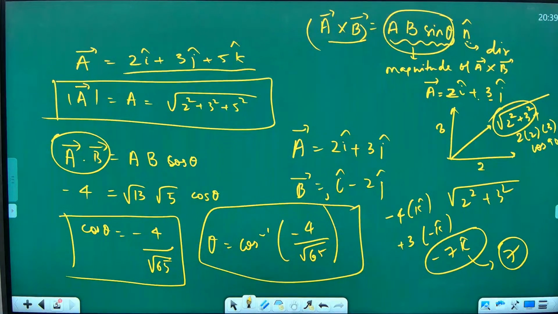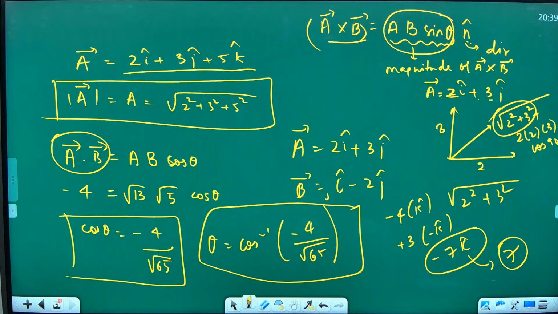First I will repeat the question that I gave already. I think I was muted. The question which I gave earlier was: if the magnitudes of two vectors are 3 and 4 and their scalar product is 6, find the angle between the two vectors.